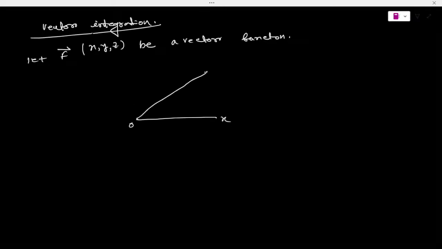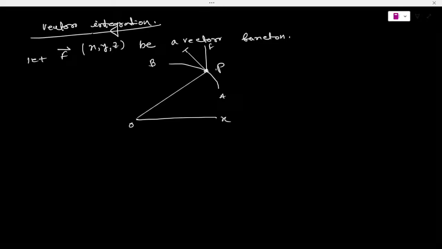I'm drawing from O to P, connecting O to P. This is a curve of, let's say, A and B, and this is the A component and this is the T component. And the point is named P.